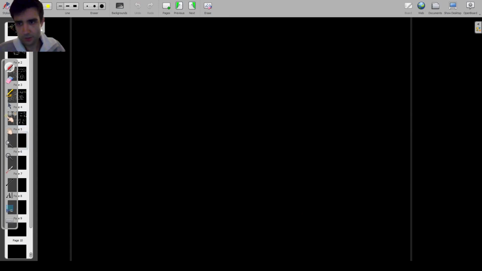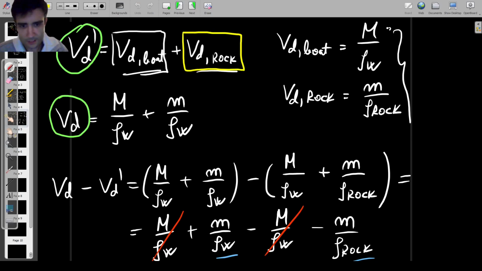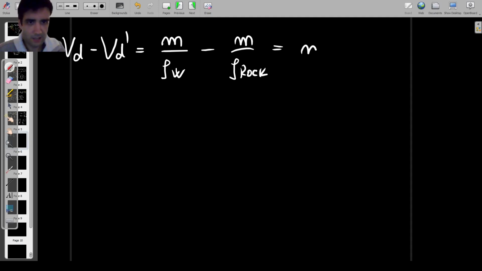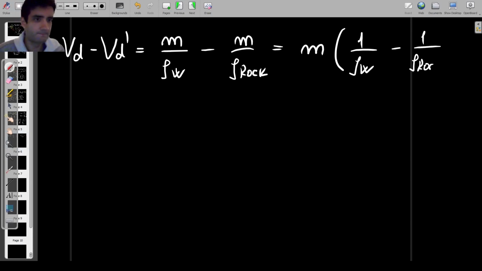So we've got Vd, the displaced volume in the first case, minus the displaced volume after the rock has been thrown overboard. That is equal to m over rho w minus m over the density of the rock. So if I factorize this, that's m times 1 over the density of the water minus 1 over the density of the rock.